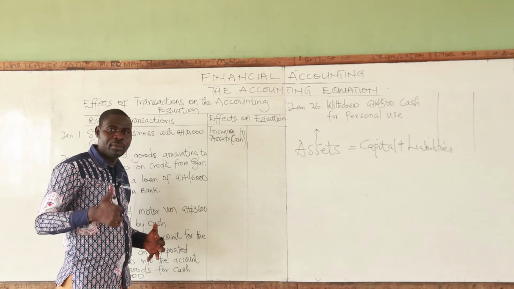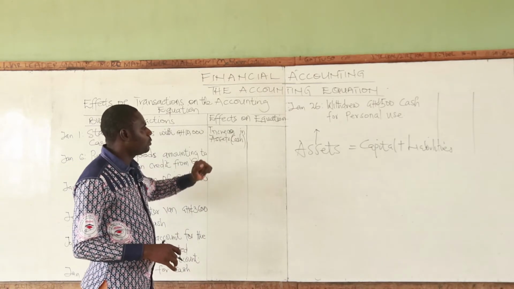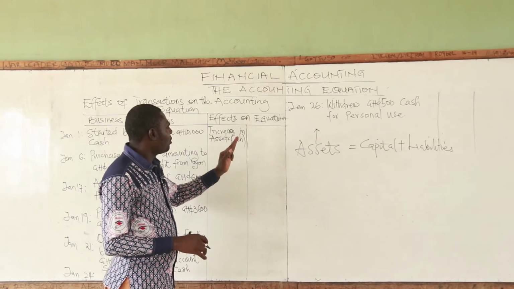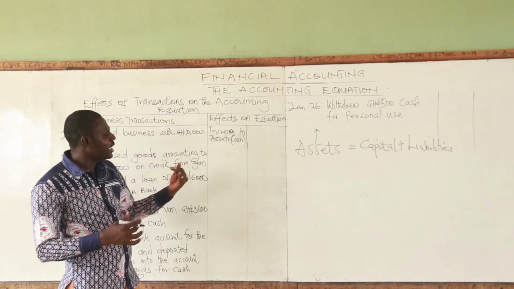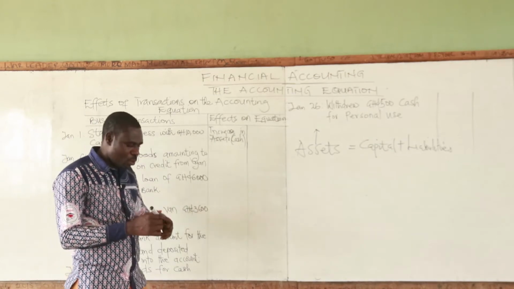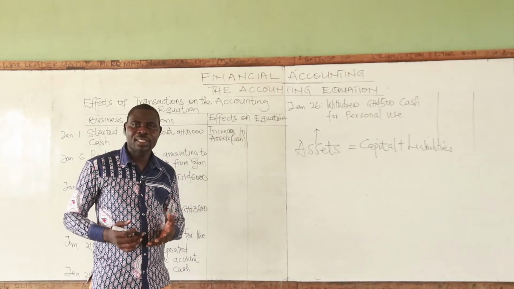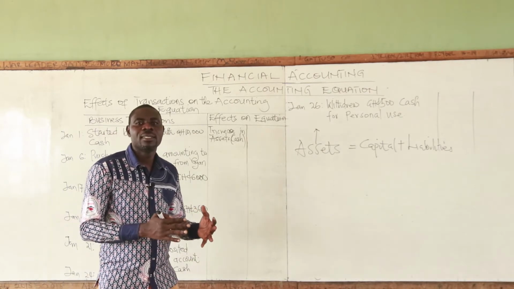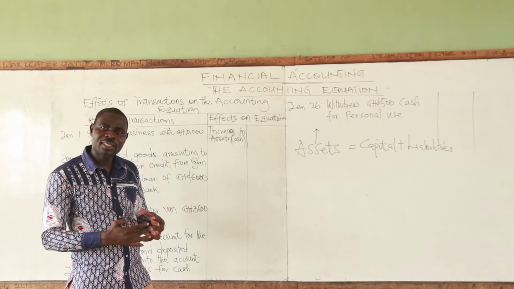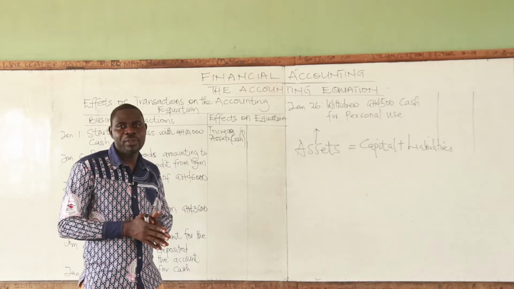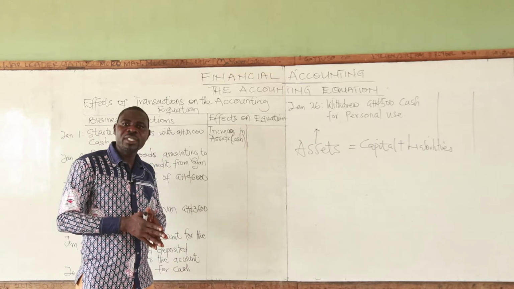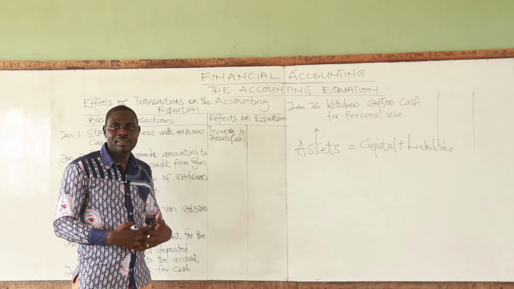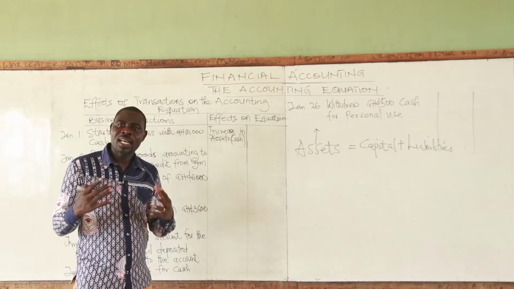Are you following? Good. Now, what will happen again? Cash has been introduced into the business. So what is the source of this cash? Where did this cash come from? The cash was brought into the business by the owner of the business. When the owner of the business contributes resources into the business, we call it capital.